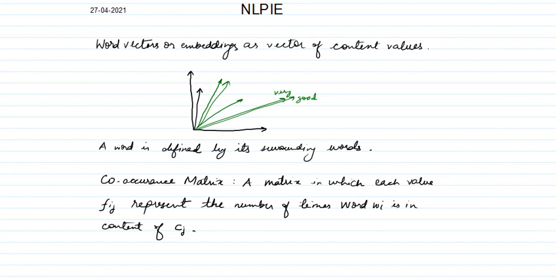Right? So a matrix in which each value Fij represents the number of times word Wi appears in the context of a word Cj. So we can see the word context matrix like this.